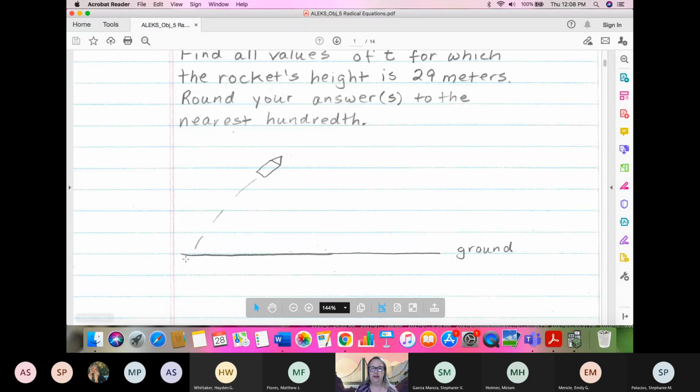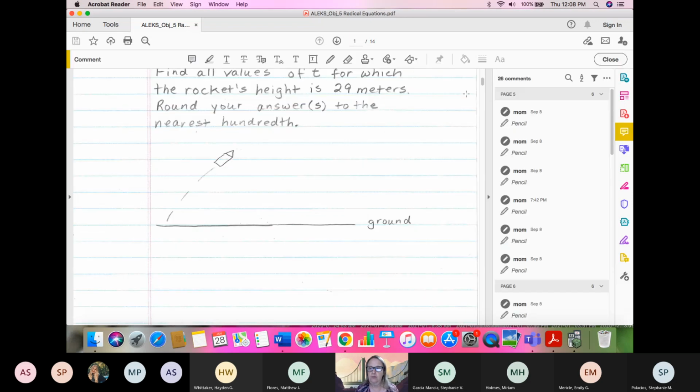So this rocket is being launched off the ground, and it starts on this path, and at some point it's going to turn around and come back down. And what we're going to see is a parabolic shaped curve, really, like that.